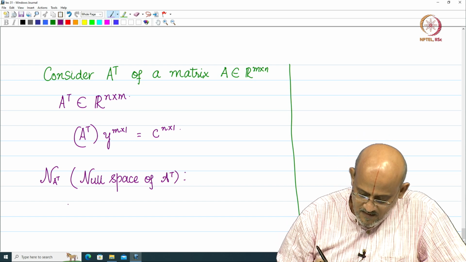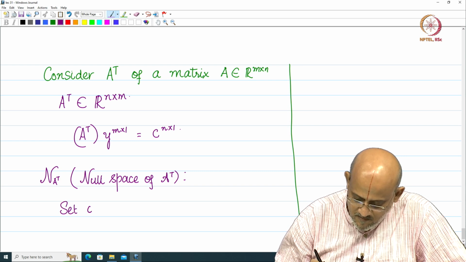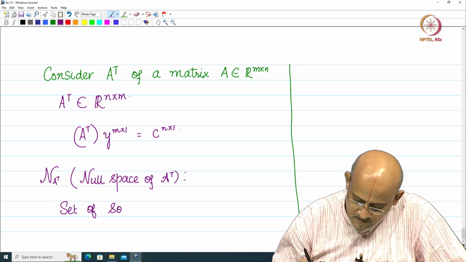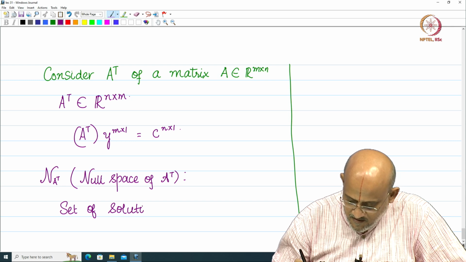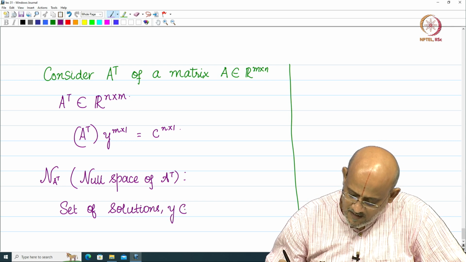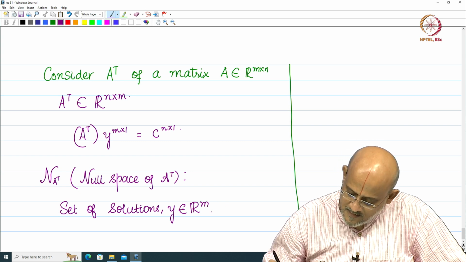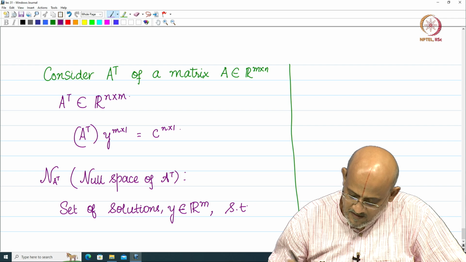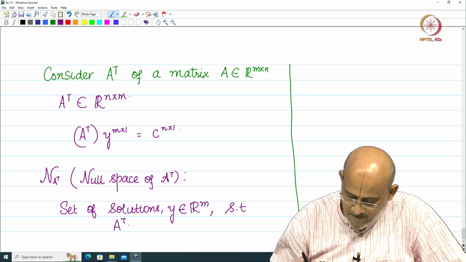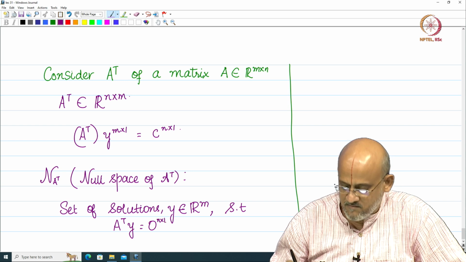So what is this? This is basically the set of solutions, say y in Rm, such that A transpose y is equal to 0, n by 1.